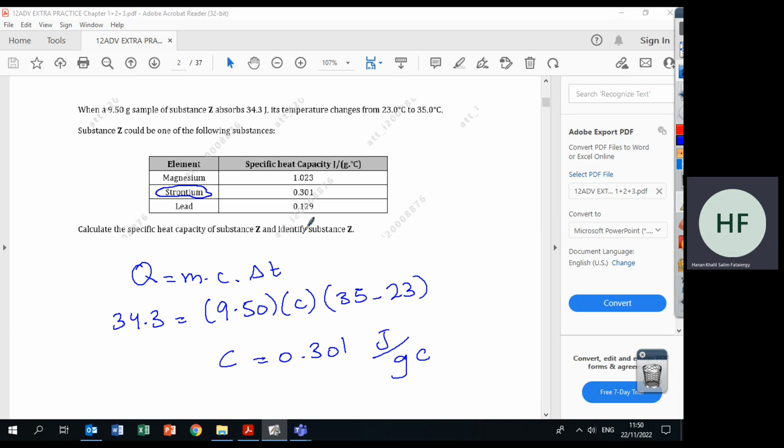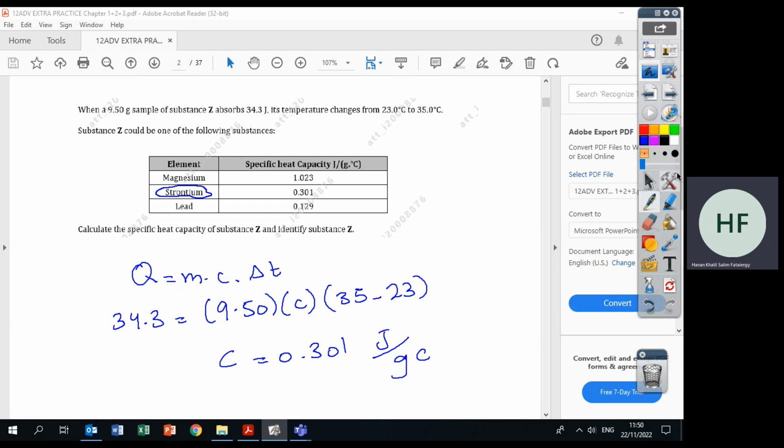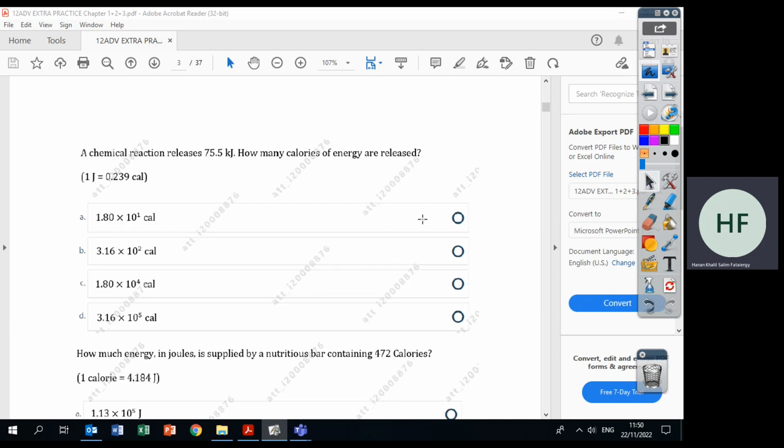You will notice that every question is repeated twice because there were 2 versions of the exam last year. Okay. Time now, next question.